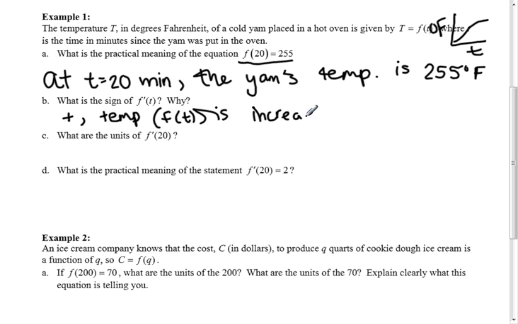Increasing. So then we have, what are the units of f prime of 20? Well, f prime, remember that's the slope of this, so that's our change in y over change in x.